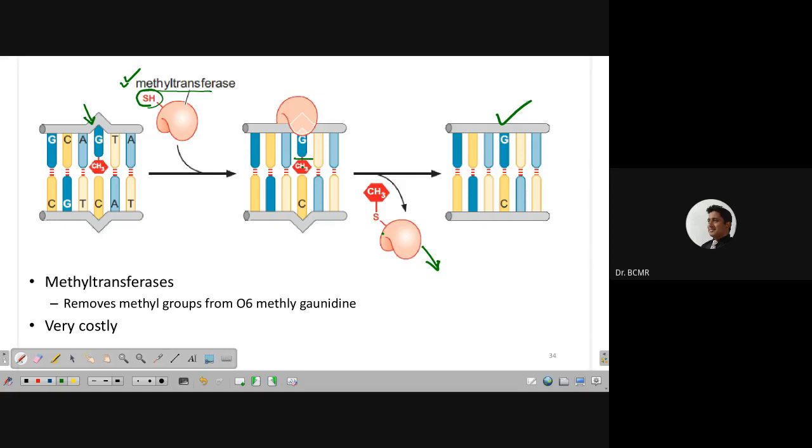The problem is that it is very costly. Why is it costly? Because to remove one methyl group, the enzyme has taken the methyl group and this whole enzyme should be degraded. There is no way of removing this methyl group just like that. The whole enzyme should be degraded.